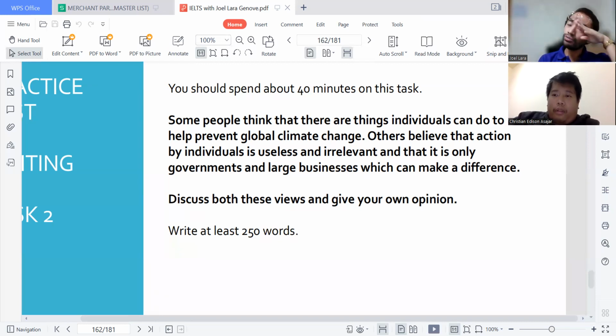What about for individuals like you and me? What is the contribution of individuals to climate change? Okay, sir. Earlier was companies and government, now for individuals.